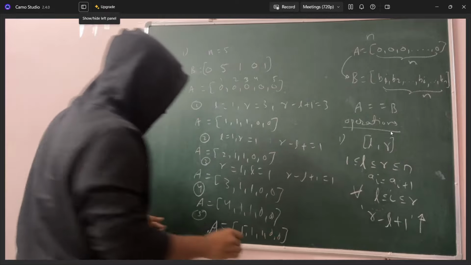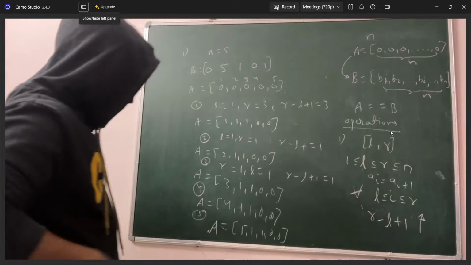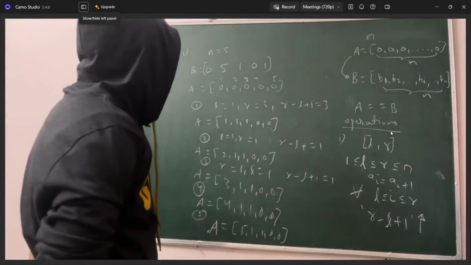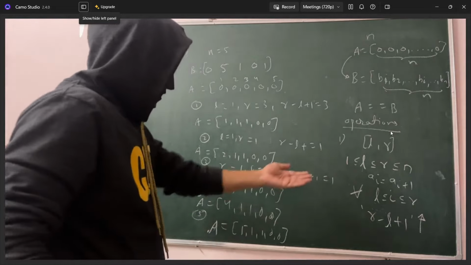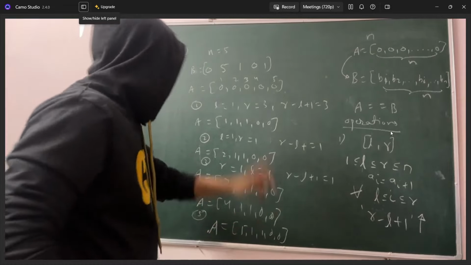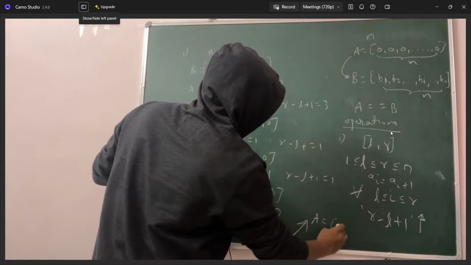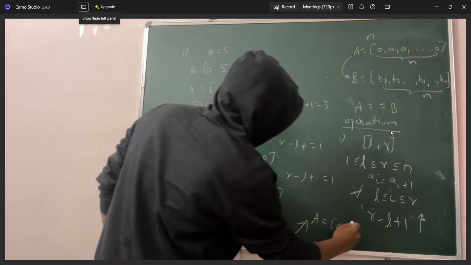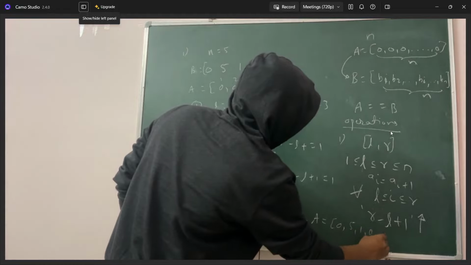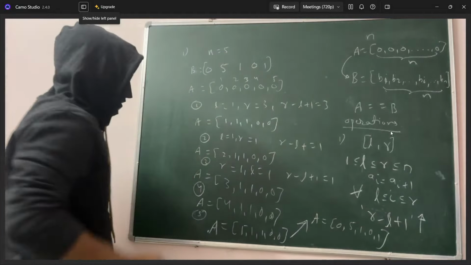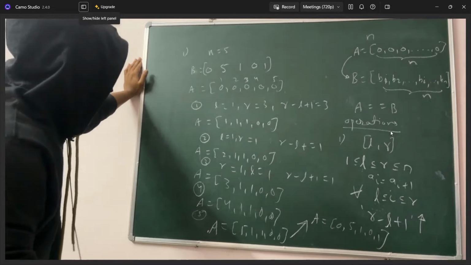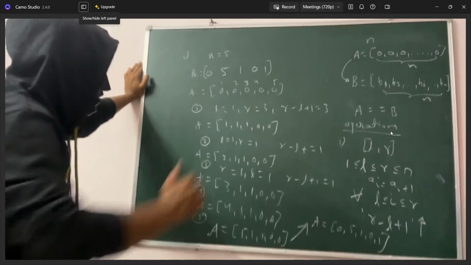So now array A and array B look somewhat similar, but not the same. In the question they've said rearrangement is possible, so why can't you rearrange to make that? You rearrange and make the array 0, then 5, then 1, then 0, then 1. Now A and B are both equal, right? So yeah, 3 is the answer in this case.